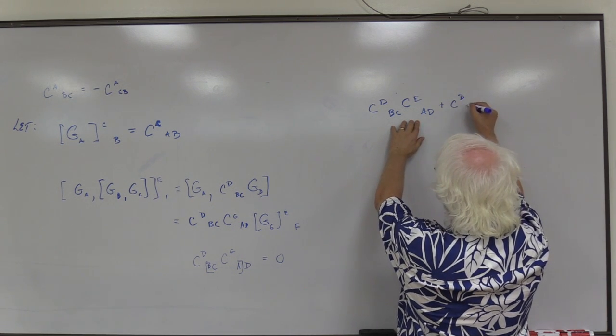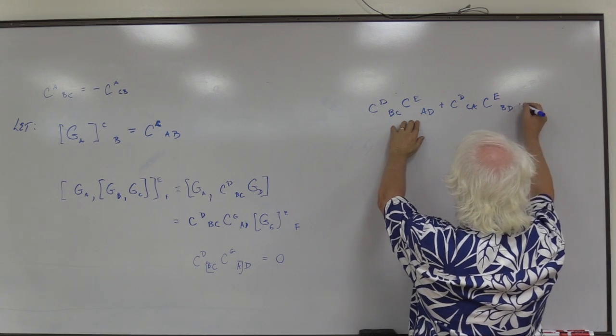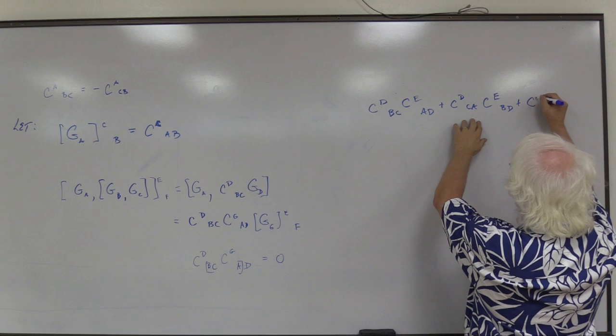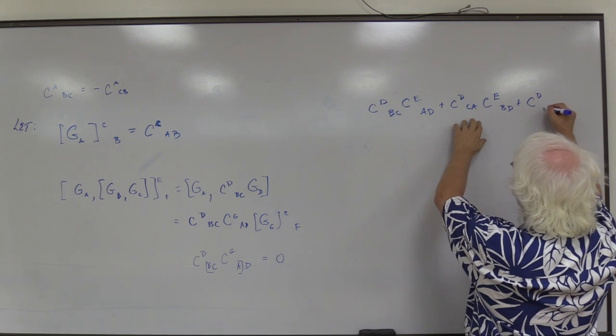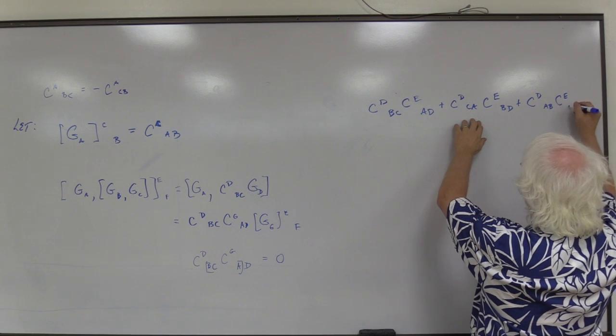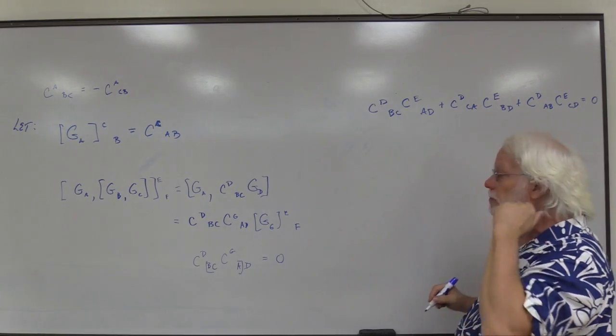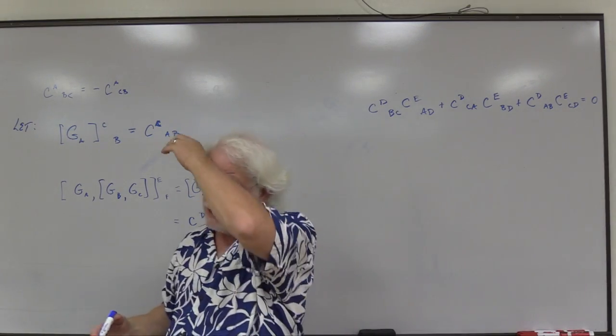C, D, C, A, C, E, B, D, and C, D, A, B, C, E, C, D, C. Right, that's got to be 0. That's the Jacobi identity written in terms of the structure constants.